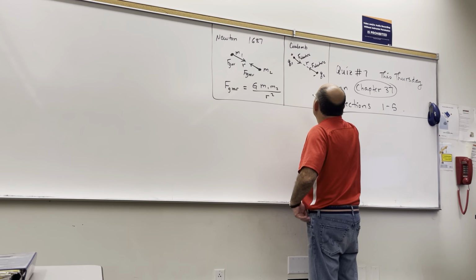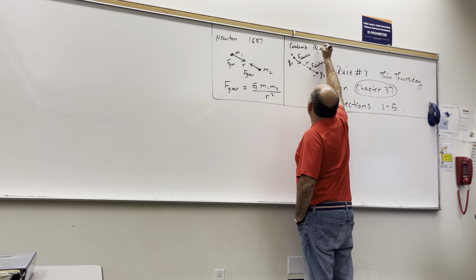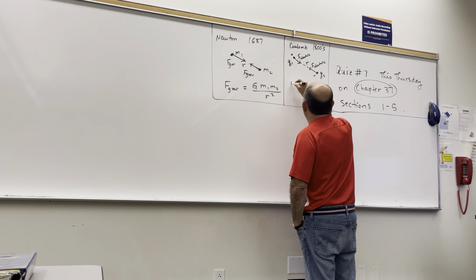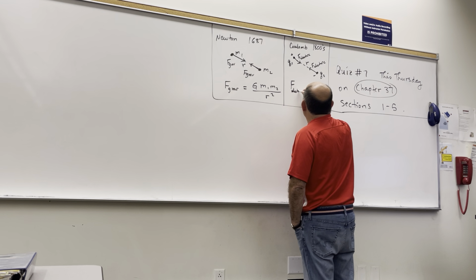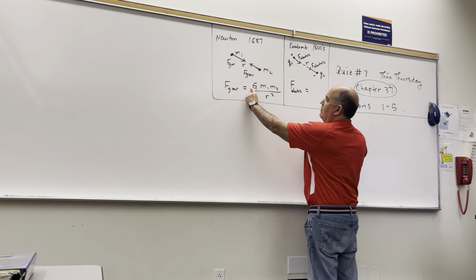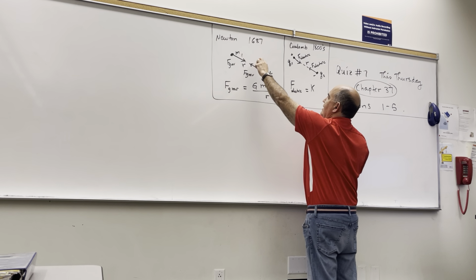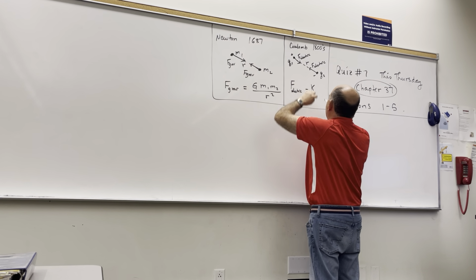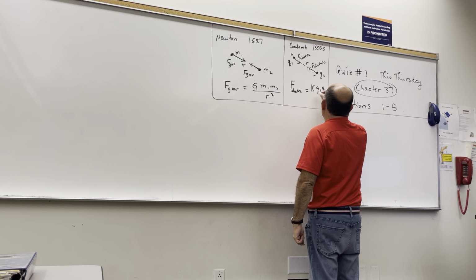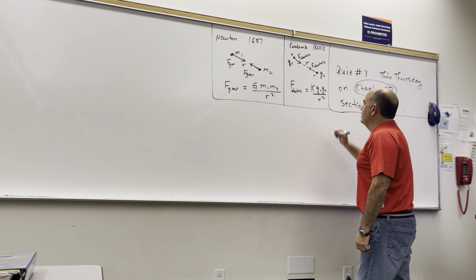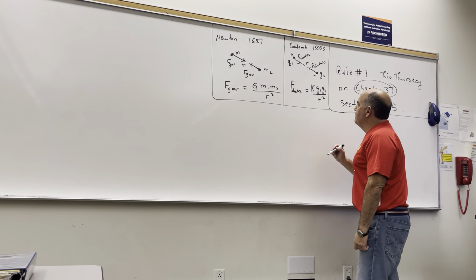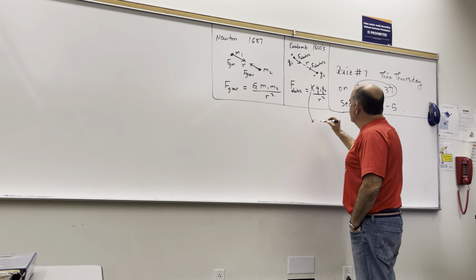And Coulomb wrote in the 1800s, I don't know exactly when, that the magnitude of that electric force is a different constant, called Coulomb's constant, and then you multiply, in this case not the two masses, but the two charges, and then you divide by the distance squared between them. So this is known as Coulomb's constant.